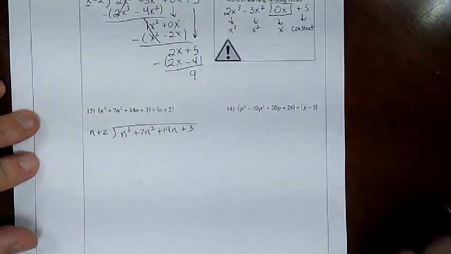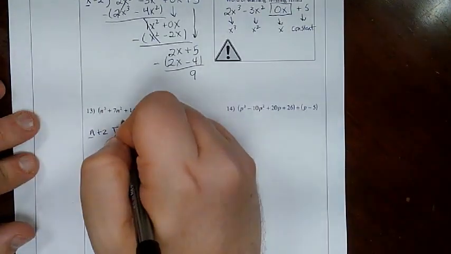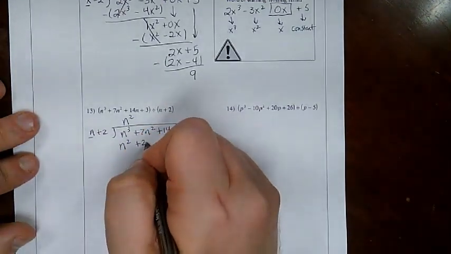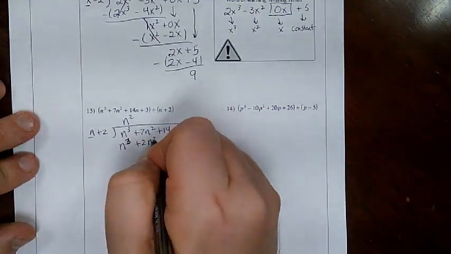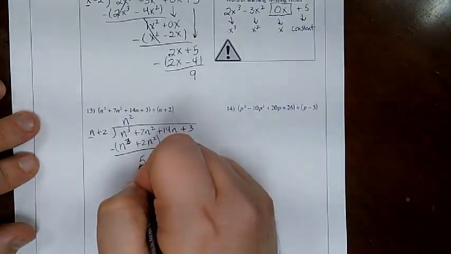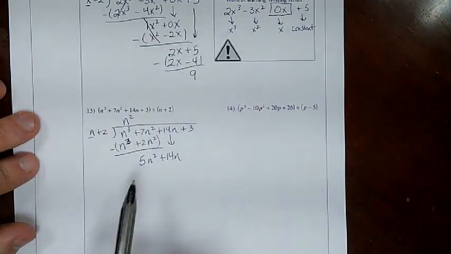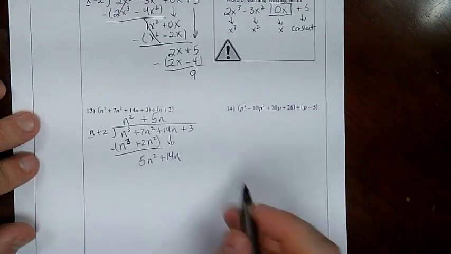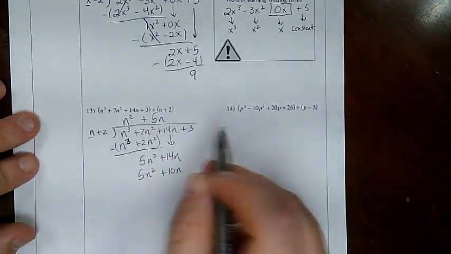Do my division. What times n gives me n cubed? That's n squared. So this is n squared plus 2, n cubed plus 2n squared. Do my subtraction, and I'm left with 5n squared, and I bring down this 14n. What times n gives me 5n squared? That is 5n. So I have 5n squared plus 10n. Do my subtraction.